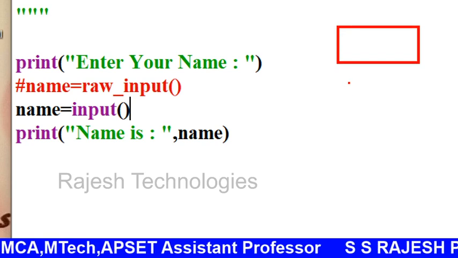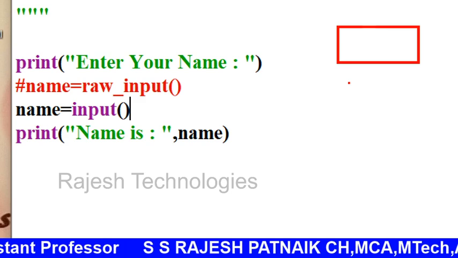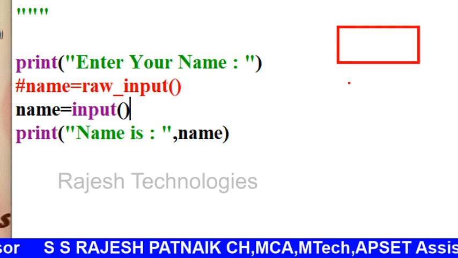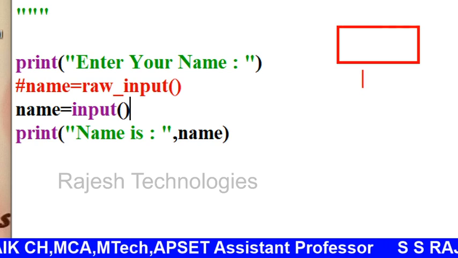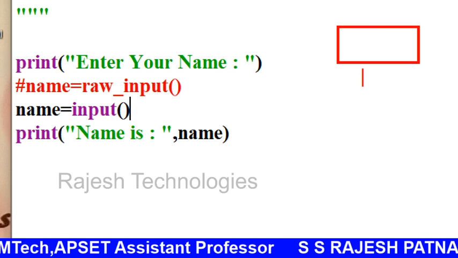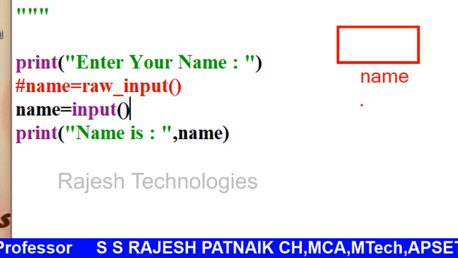That means name is the location name in the RAM, because RAM is the primary memory and hard disk is the secondary memory. Our program data is continuously stored in RAM only. So what is the memory location name? Name is name only. You understand? I provided my variable name as name, and it has some address.